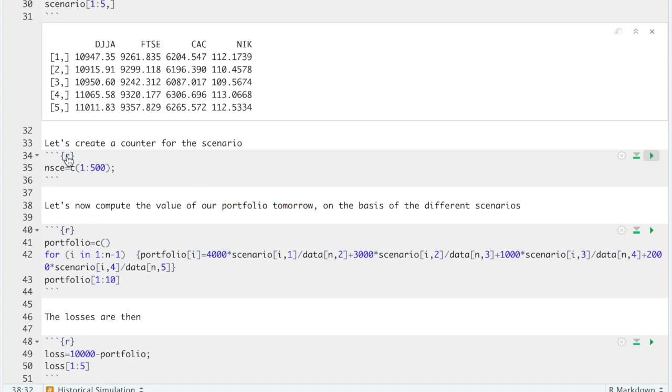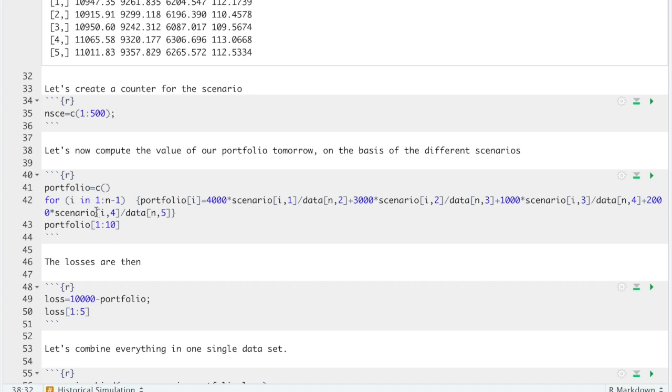So we create a counter for the number of the scenarios, and then the new values of the portfolio, the new 500 values according to the 500 scenarios, are obtained in the following way. Now, we express the amounts we have today of the different indices, 4 million for the Dow Jones, 3 million for the FTSE, and so on, in thousands, okay?